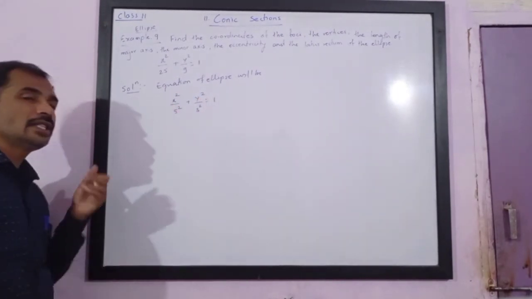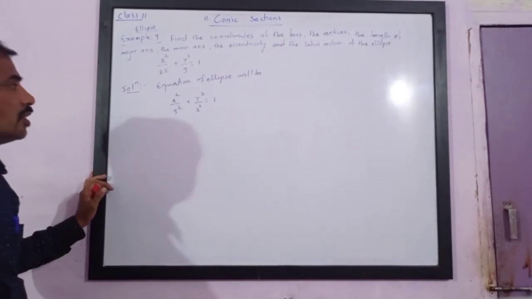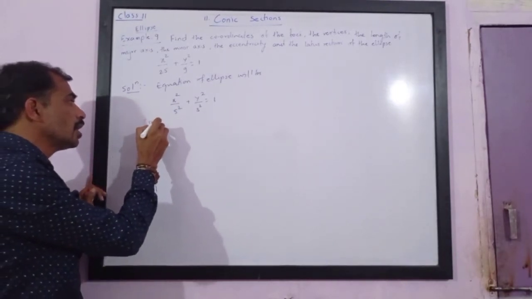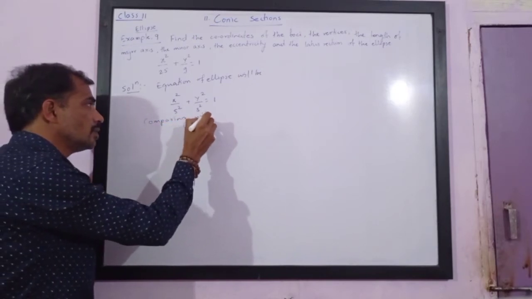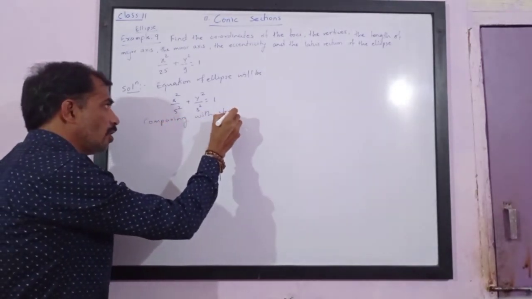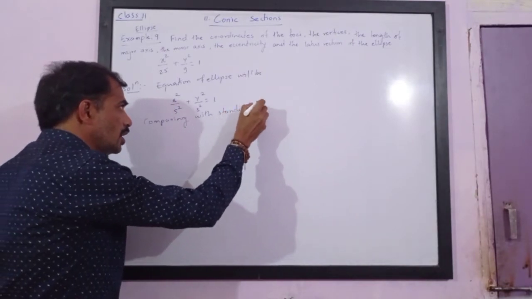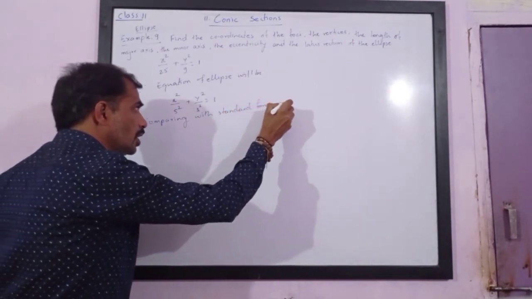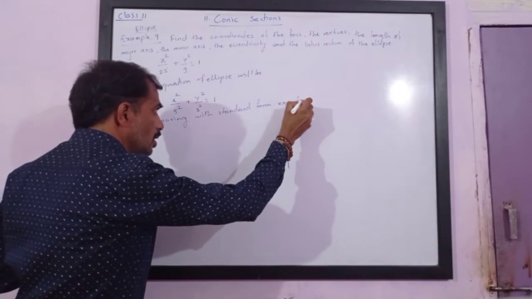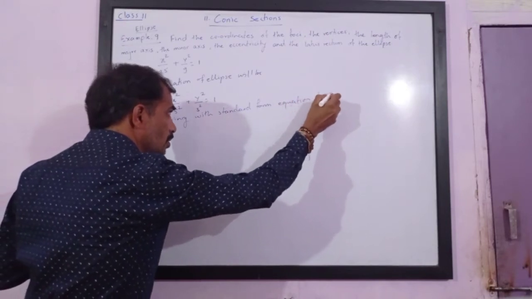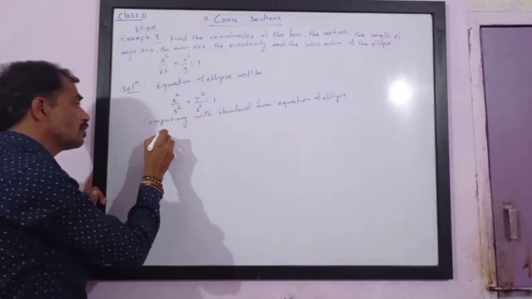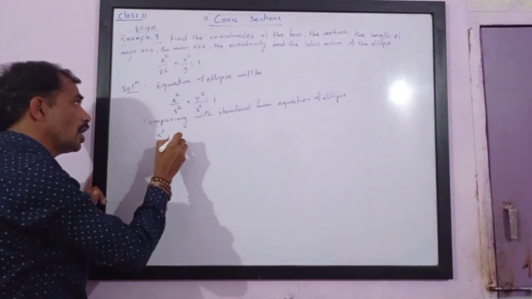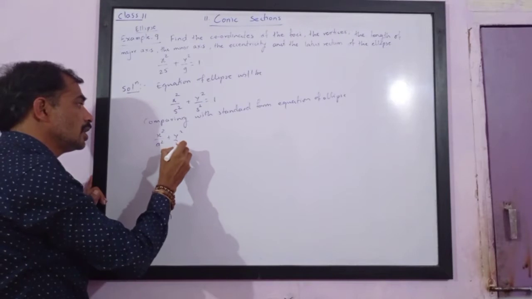So if you compare this equation with the standard form of equation of ellipse, we have x square upon a square plus y square upon b square is equal to 1.